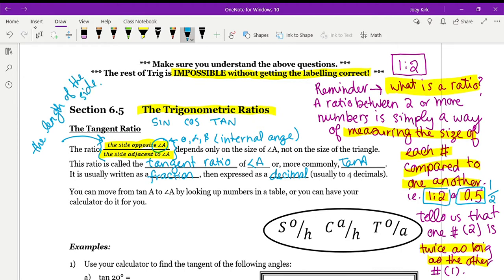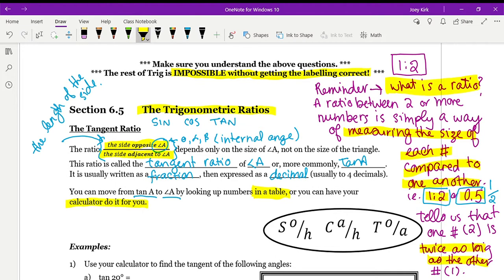So you can move from tan A to angle A by looking at numbers in a table. So back in the day, it sucked and you had to look at numbers in a table: you would be given an angle and then you would look up a number in the table to find the ratio, or you can have a calculator do it for you.